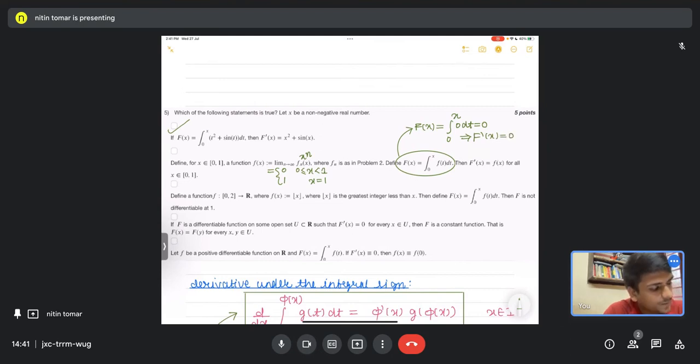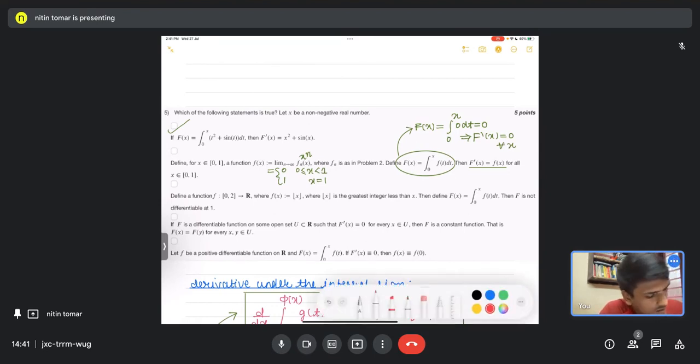So then this is not true. Capital F prime x is not small f of x, because capital F prime x is 0 for all x, but small f of x has value 1 at x equal to 1. So this is false.